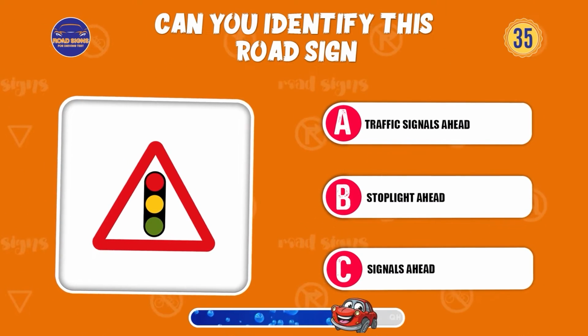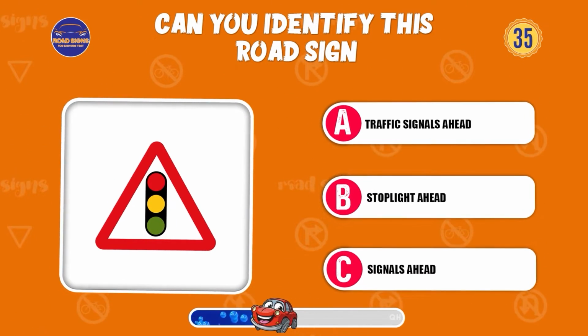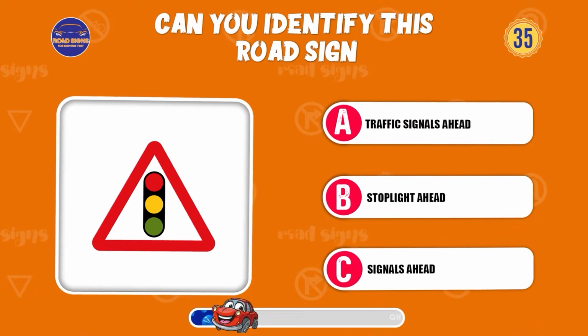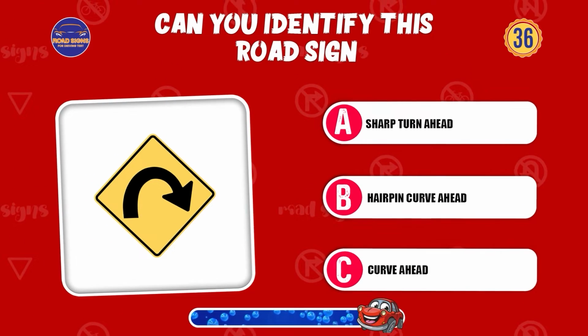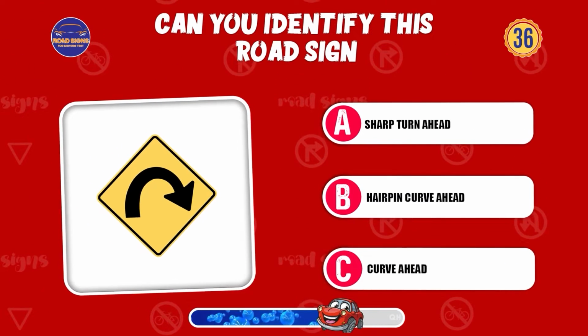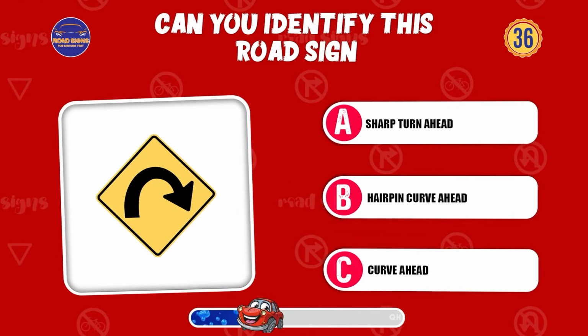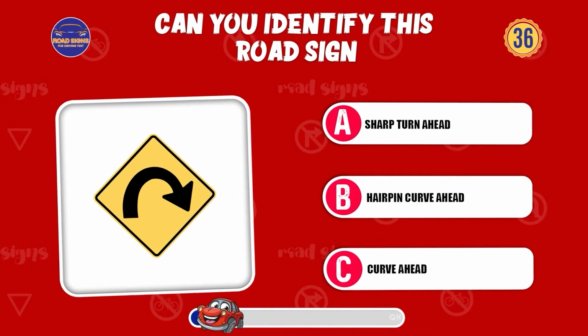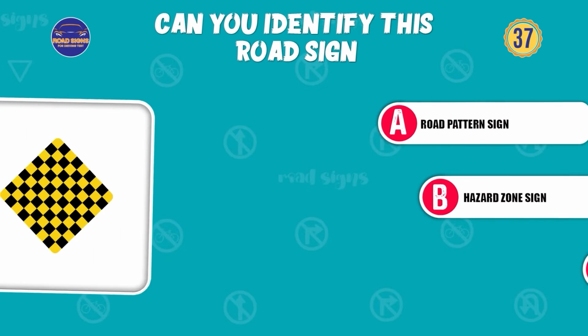What does this road sign indicate? A. Traffic signals ahead. What does this road sign mean? B. Hairpin curve ahead.